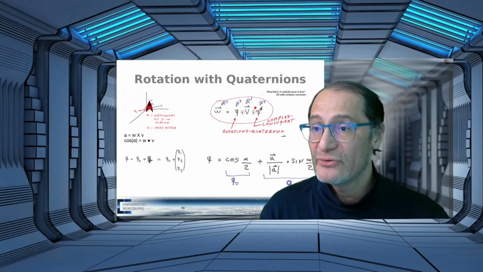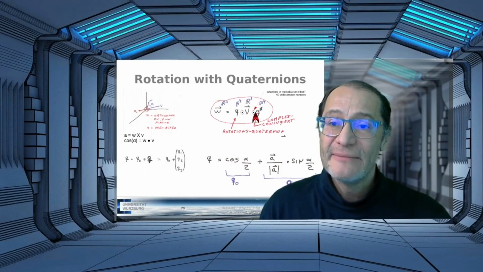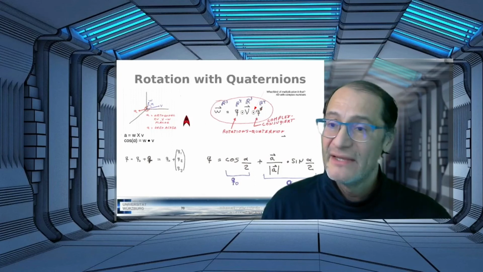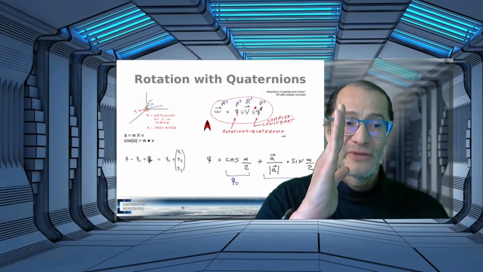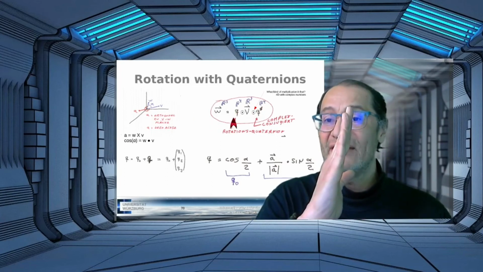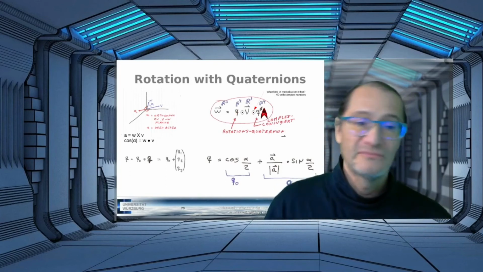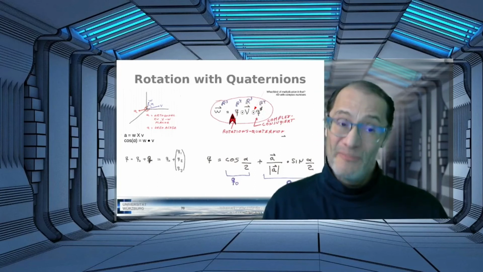We define the multiplication or the rotation of one vector like this. Going from here to here, we compute the rotation quaternion, and this is the inverse of this quaternion. So with this quaternion, we go from V to W, and with the inverse quaternion, we go from W to V. Why does it have to be like this? It's very complex mathematics.